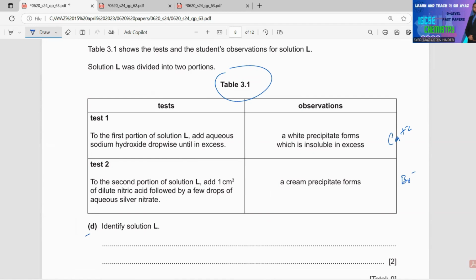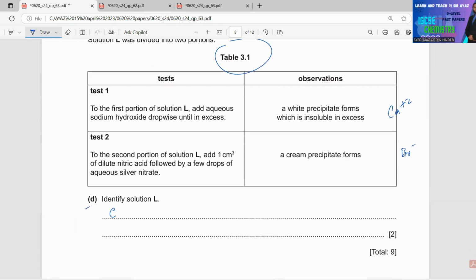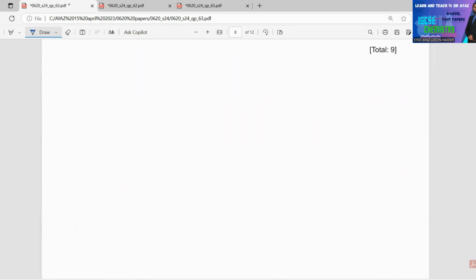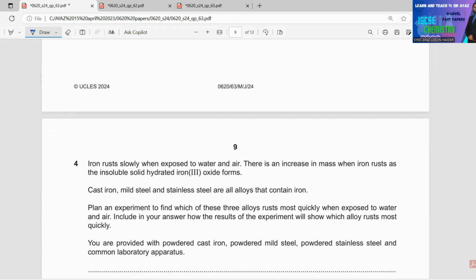D, identify solution L. So you can write calcium or Ca plus 2. We are getting bromide or Br minus.